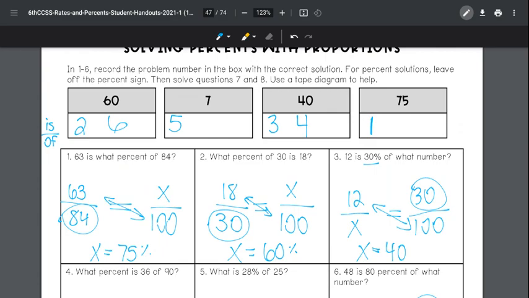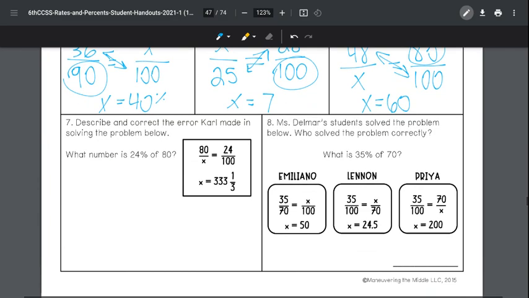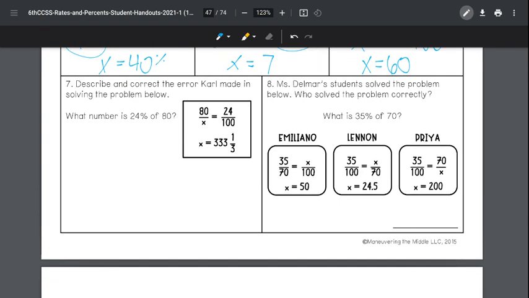Number 7. Describe and correct the error Carl made in solving the problem below. What is 24% of 80? Okay, so let's look at Carl's setup. He's got his 24% over his 100%, so that's good.